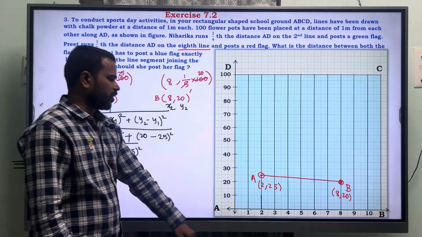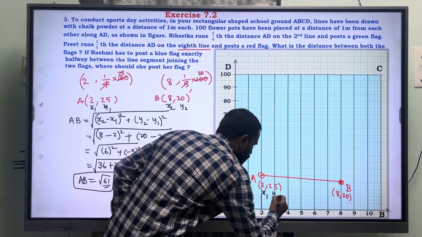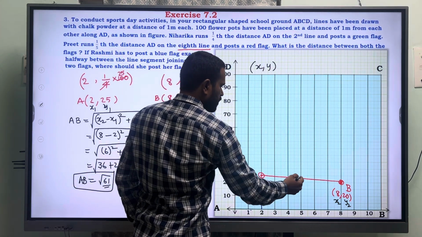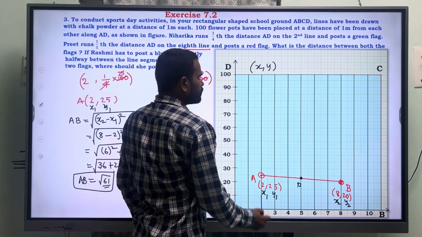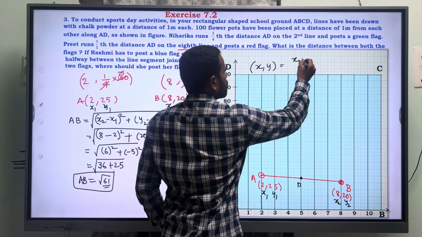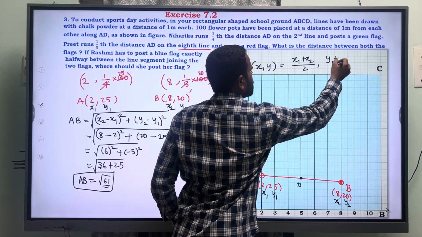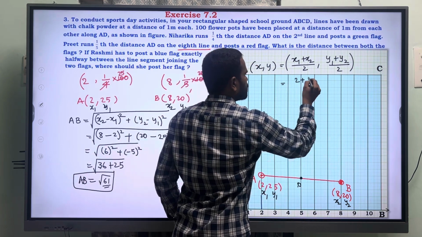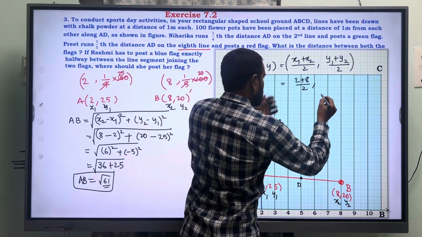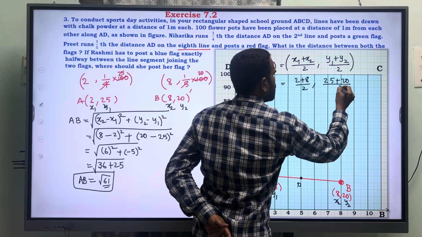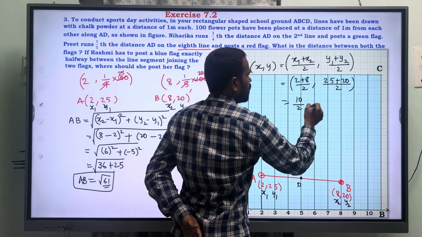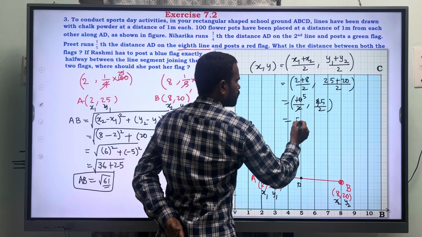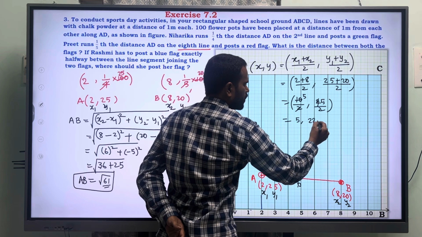Now what is asked? The midpoint of these 2 points. Suppose this is x1, y1, x2, y2, and the midpoint is x comma y, somewhere P. That is x1 plus x2 by 2 comma y1 plus y2 by 2. x1 is 2, x2 is 8, so 2 plus 8 by 2 comma 25 plus 20 by 2. 2 plus 8 is 10 by 2, so 5. 25 plus 20 is 45 by 2, which is 22.5.